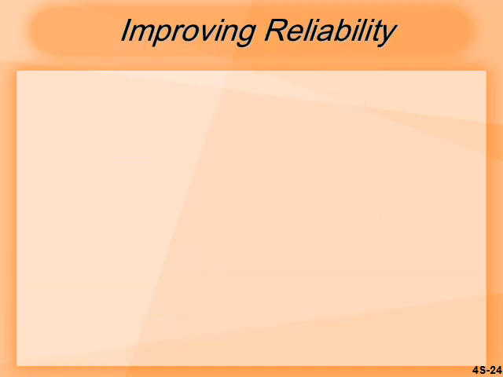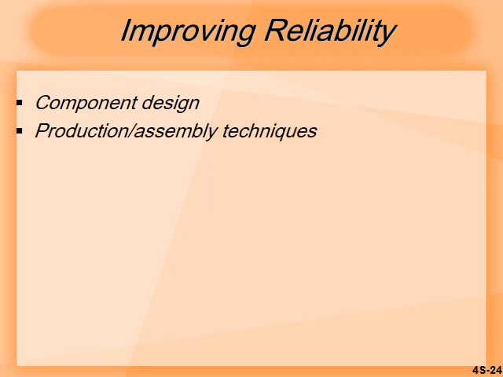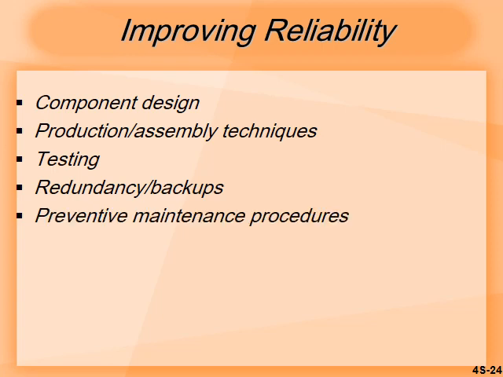Now we have some factors to be considered to improve reliability, since reliability is used as a criteria or a standard for measuring quality of product through component design, improving the design of our components, or through assembly techniques, or extra testing, or using backups, or using preventive maintenance procedures, not waiting until we face some failure, okay, of parts or machines.